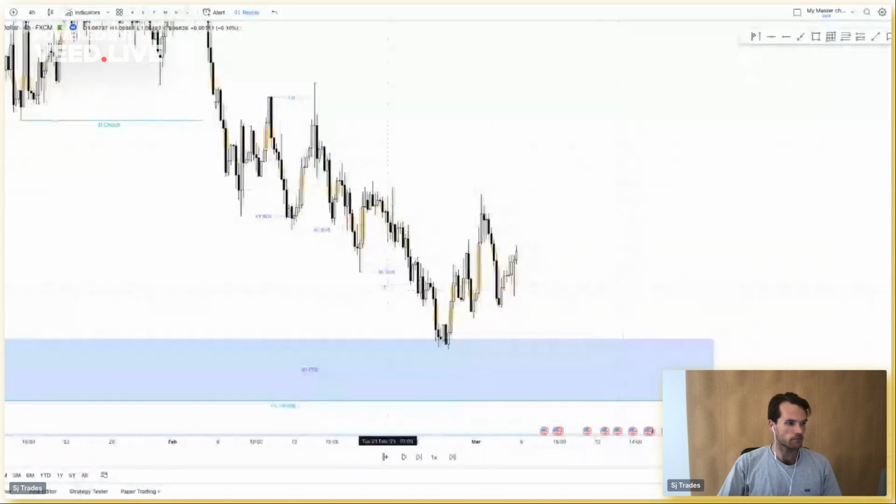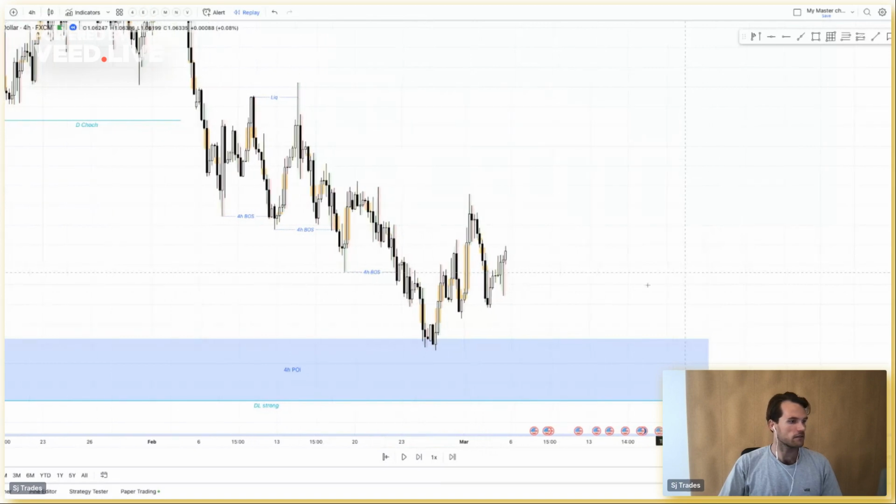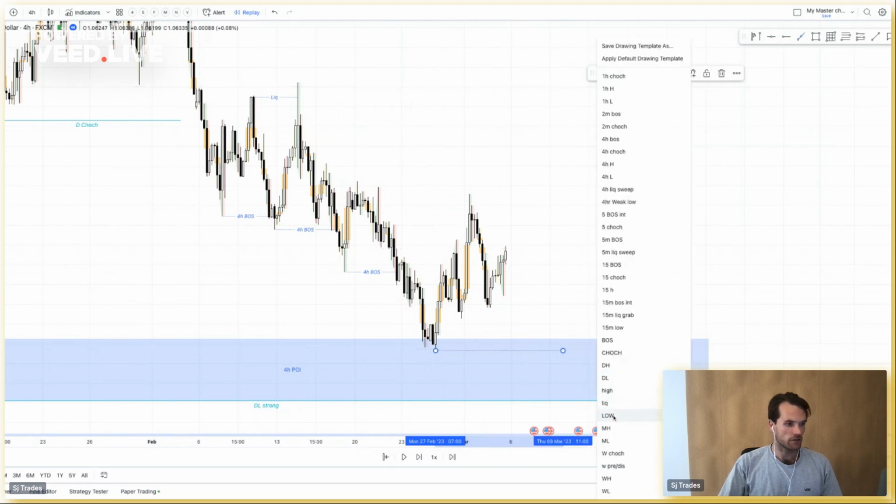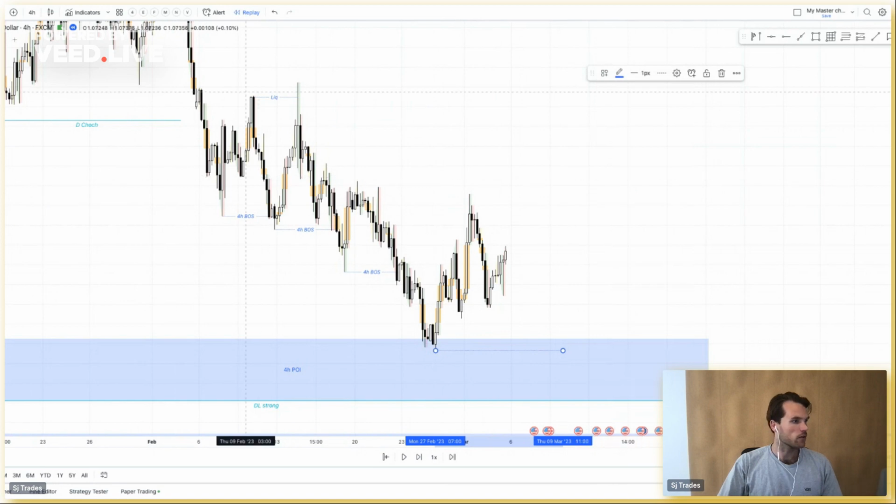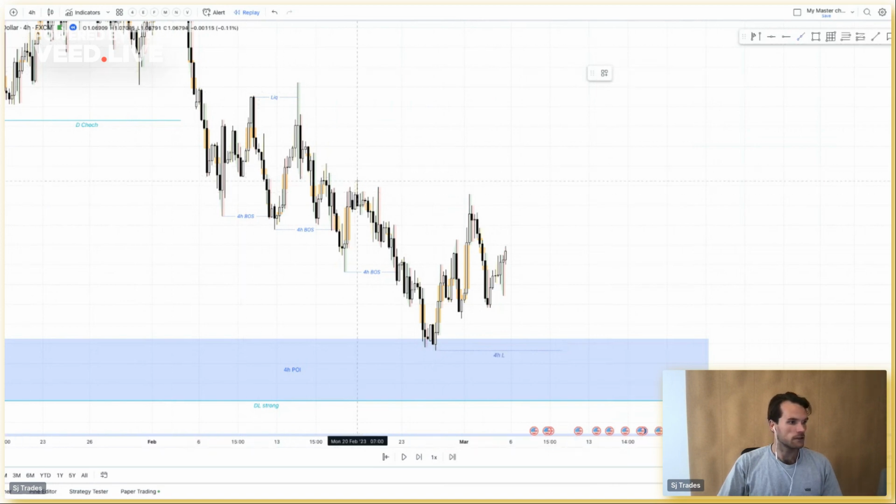And then some price action here down to this low, where that's our current 4 hour low, current 4 hour high.